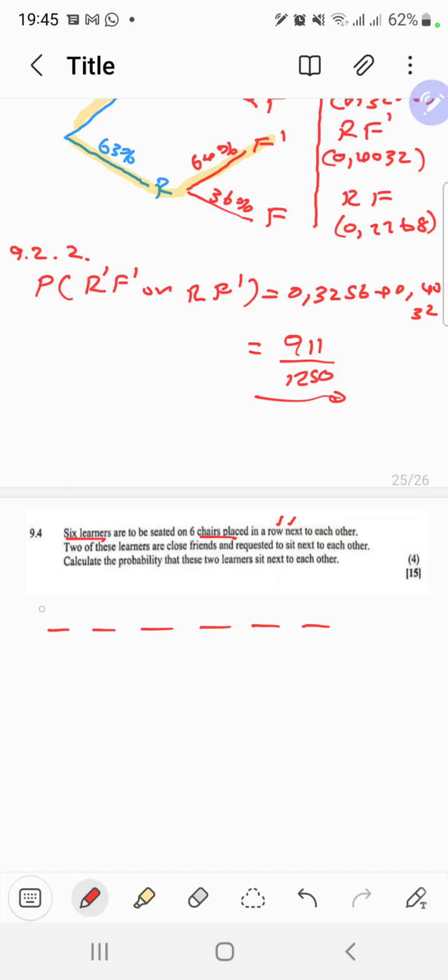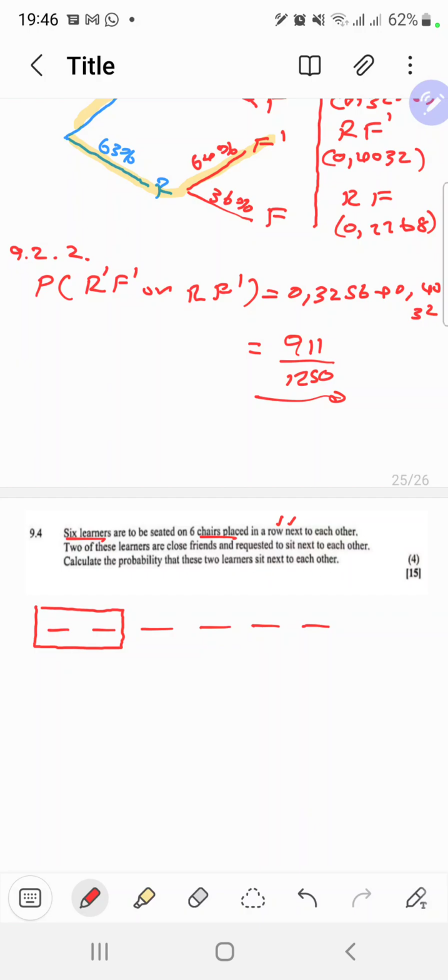So let's just choose these ones. They can be anywhere. These are the ones that need to sit next to each other. And then it says calculate the probability that these 2 learners sit next to each other.